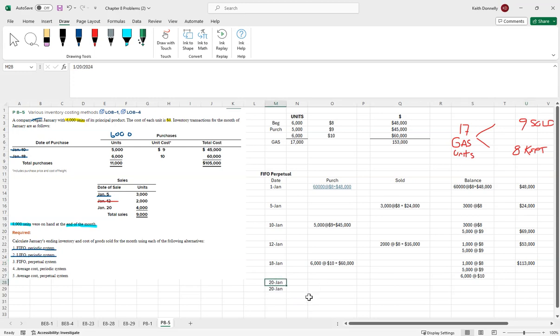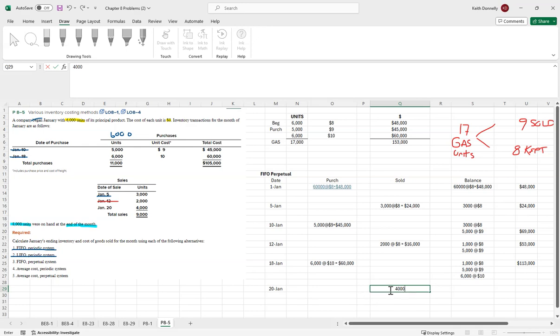On January 20th then, what's going on here? We made our final sale of 4,000 units. This is FIFO, so of that 4,000, we're going to draw 1 from the oldest pile, and then 3 from the next.